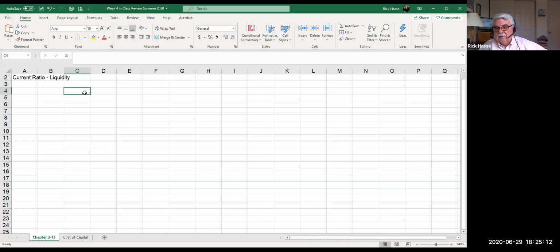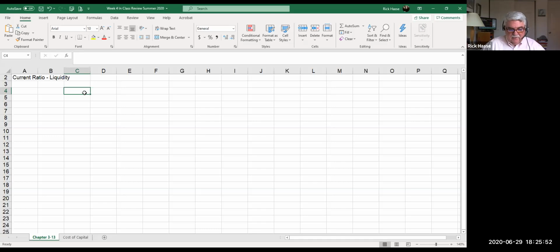Do you have enough cash, receivables for collection, and inventory to sell, versus the amount of payables and accruals and notes payable due in the current year? What are your obligations in the current year, and what assets do you have to turn into cash to pay those obligations in the next year? It's kind of a quick and dirty way of saying, okay, I'm fairly liquid to cover my obligations over the next year.